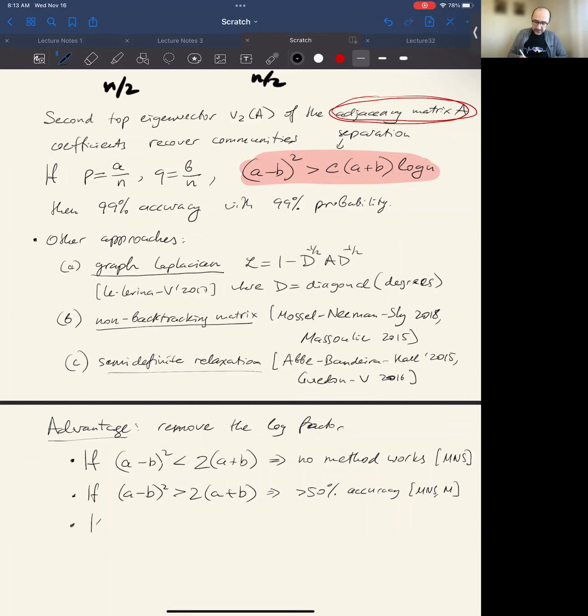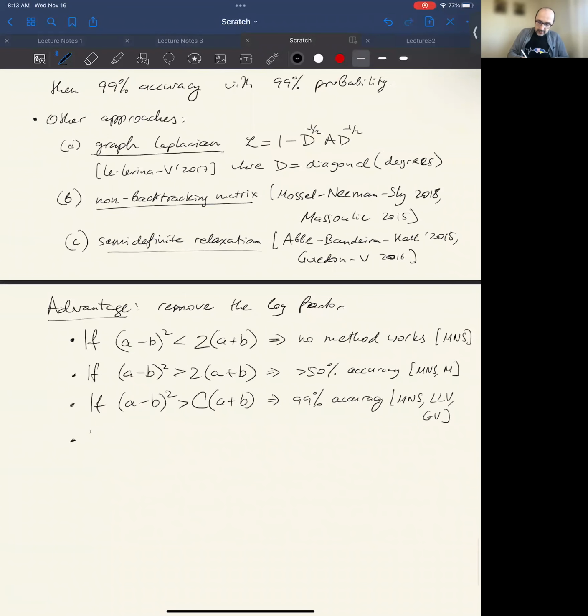And if you allow the constant 2 to grow, c times (a plus b), and if c is sufficiently large, then you can achieve any accuracy, for example, 99% accuracy. This is Mossel, Neeman, and Sly. I cited these works up in the previous line. Levin and myself, Guédon and myself.